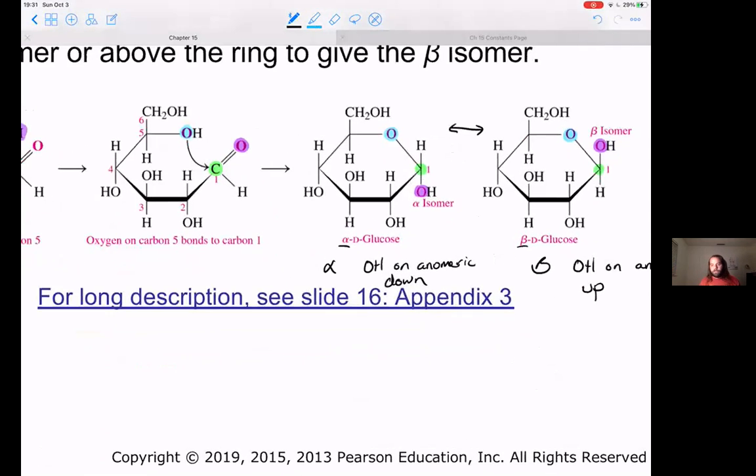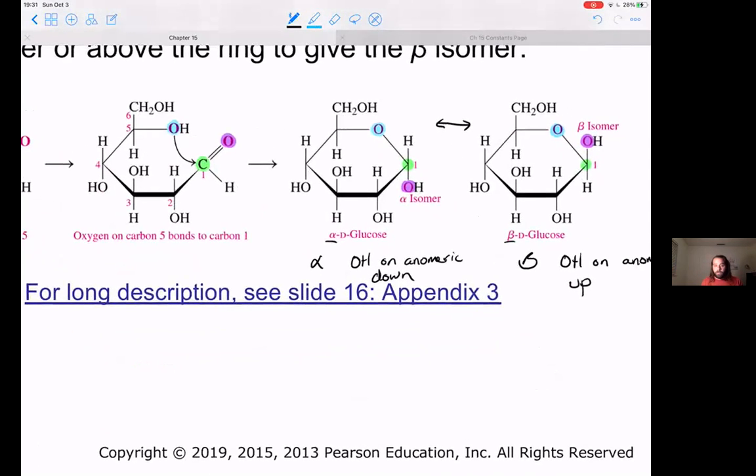This was a hard one for me to remember. Alpha is down, beta is up. I'm not saying that this is going to work for everybody, but the way that I had it in my brain is that down comes before up alphabetically. D is before U alphabetically, just like alpha is before beta alphabetically.